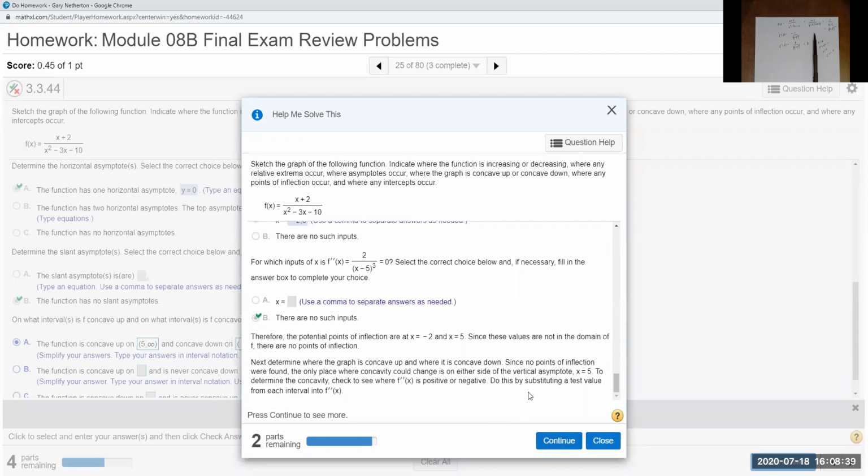Next, the graph. So that's what I did. Either side of 5.